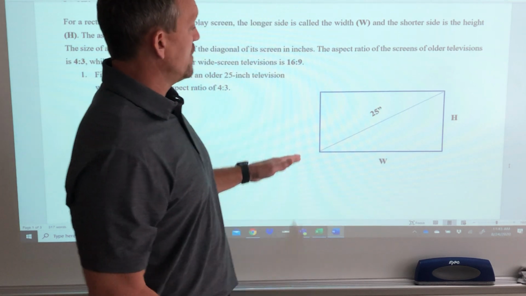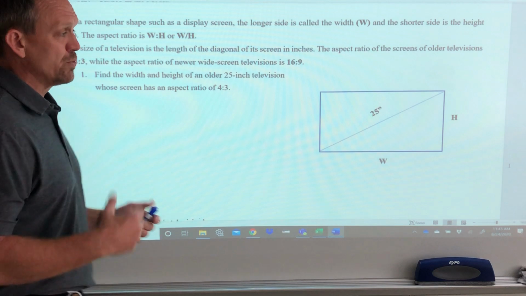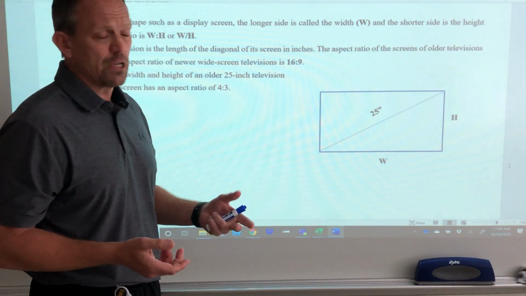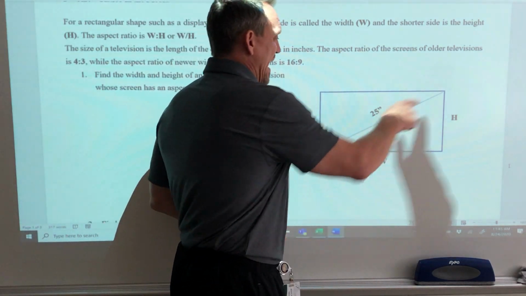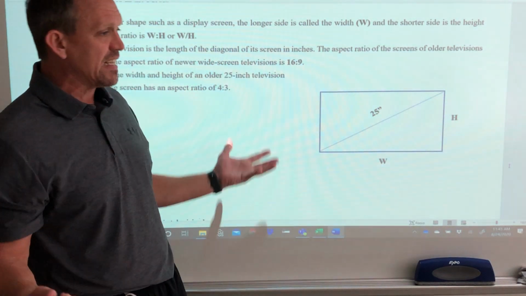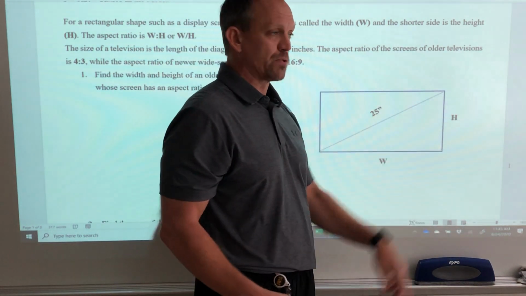What we do know is this is what we would consider a 25-inch television. For those of you who don't know that, when you have a television, the size is based upon the diagonal. So when you have a 60-inch television, it's from one corner of the screen to the other corner of the screen.